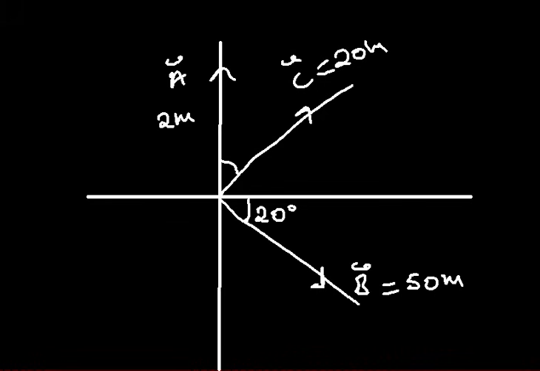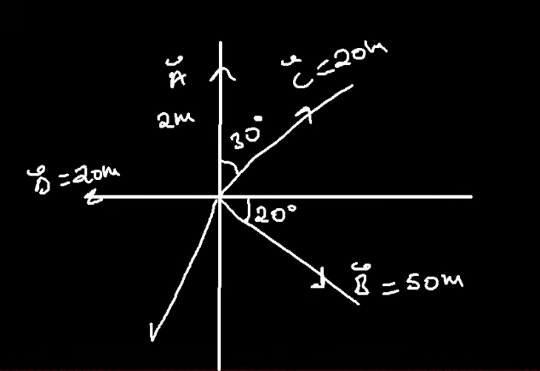It is at an angle, let's say, 30 degrees with respect to the vertical. And we have another vector, let's say a vector D, that is 20 meters. And we also have another vector, let's say a vector E, which is at an angle of, let's say, 50 degrees, like that.